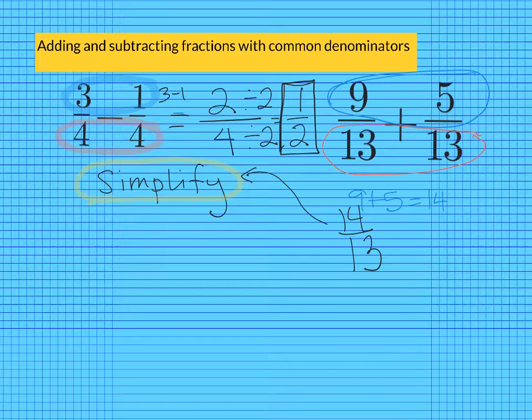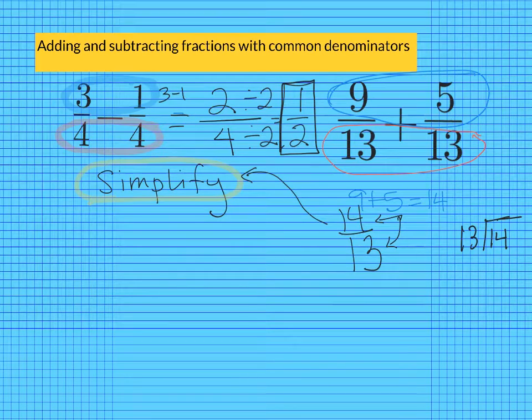But again, we need to remember that we should simplify. So when we have what is called an improper fraction, where the top is larger than the bottom, we have to figure out how we can simplify this fraction. And the way that we simplify is we ask ourselves, how many times does 13 go into 14? So really what we're asking is, can I divide 13 into 14? How many times does it go in?